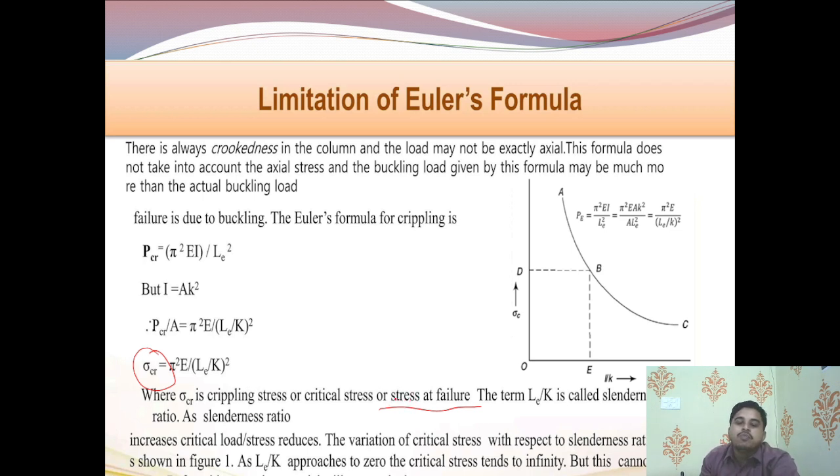And in numerical problems, you may be asked the amount of crippling load experienced during the given loading condition. The term L divided by K is called the slenderness ratio, that is effective length upon radius of gyration. So we have to remember the critical stress or crippling stress from this.